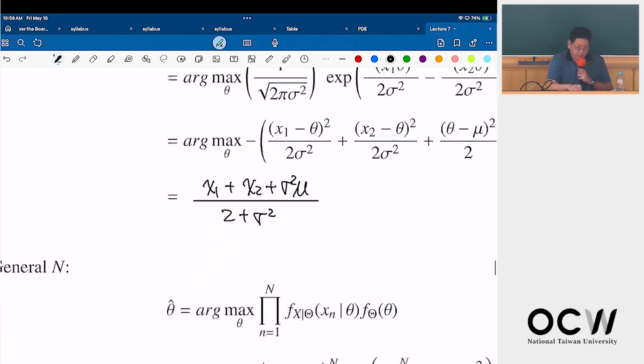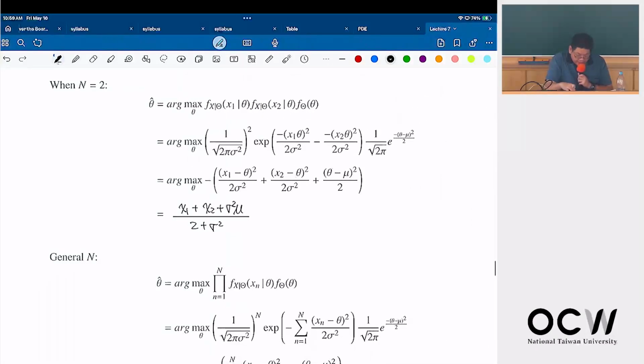Now for general n, similarly, we don't need this part, only the exponential and also the prior.